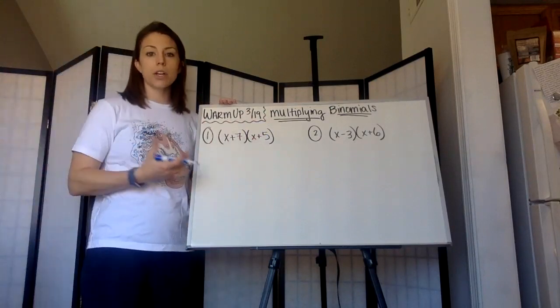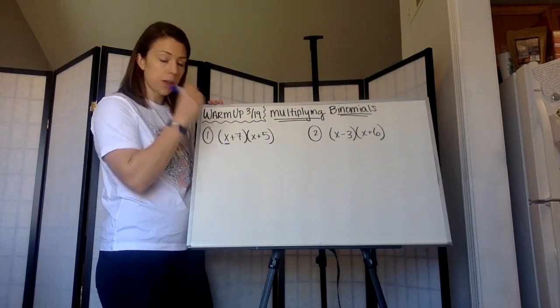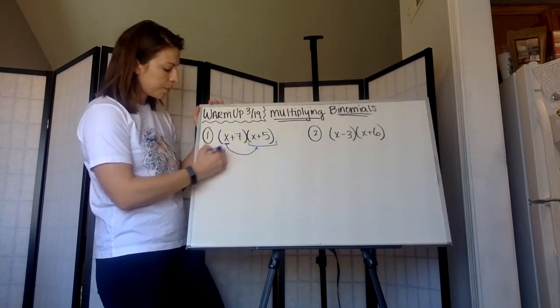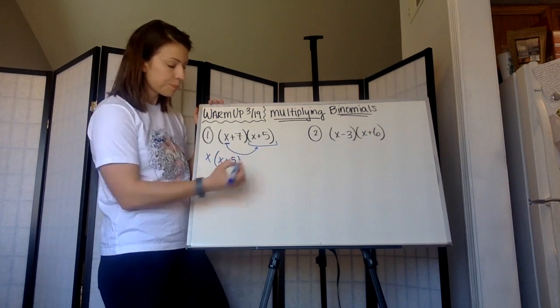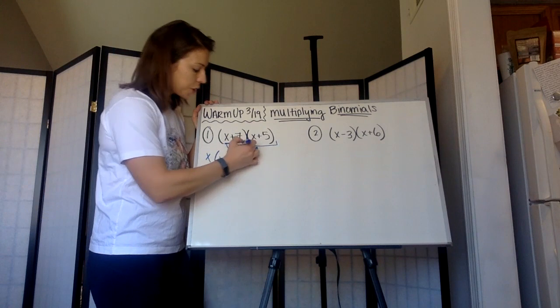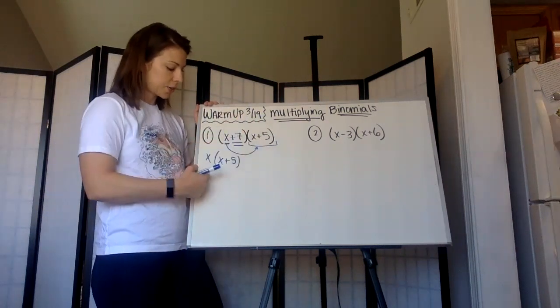So just a reminder, double distribute, I'm taking the first term from the first binomial and I'm multiplying it by the entire second binomial. So that would look like x times x plus 5. That's step 1. Step 2, I'm taking the second term from the first binomial. So we took x and multiplied it by the entire second one.